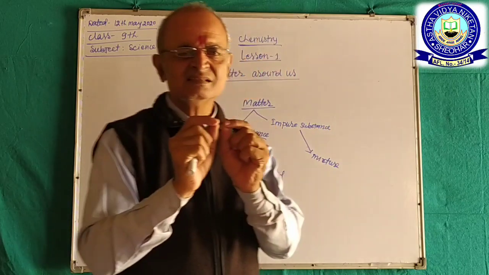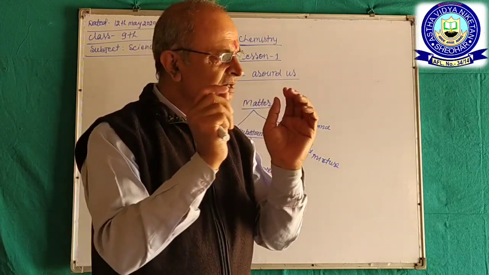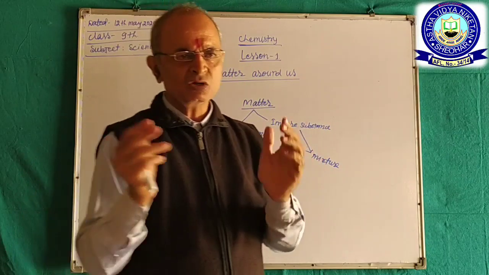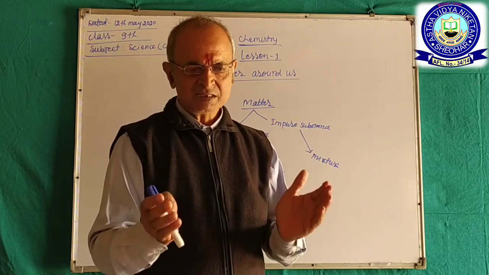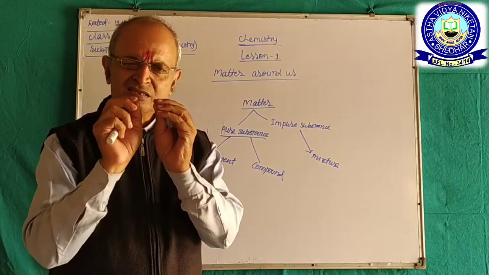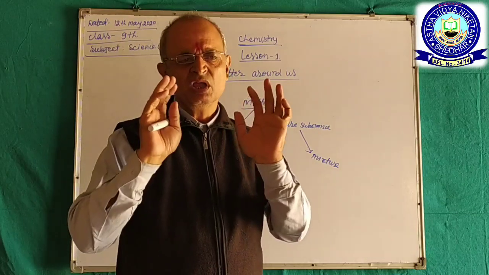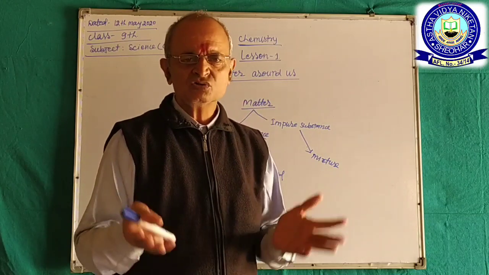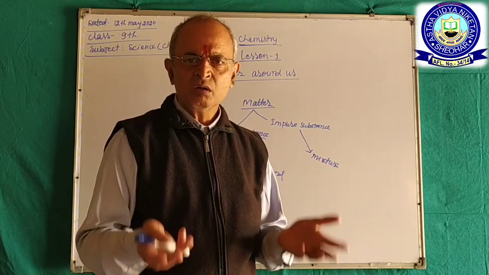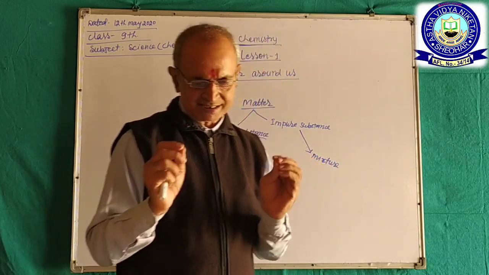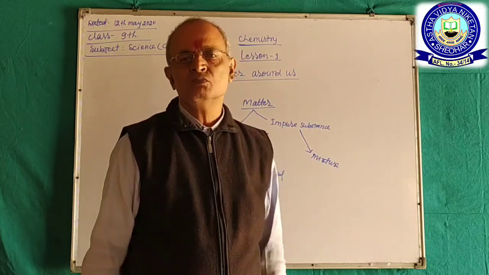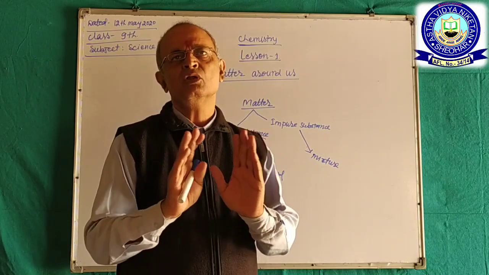Particulate in nature means there are different types of particles in them. The particles of matter are very small, so that we cannot see them with the naked eye. For that we need a special device called a microscope, and they are so small that they are beyond our imagination.